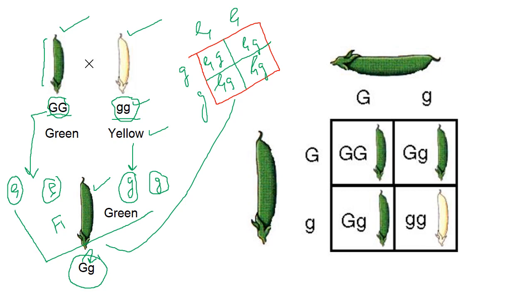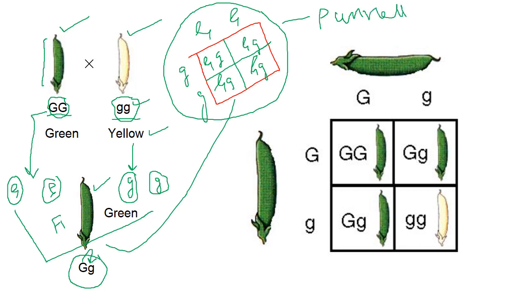Now here I need to add one point: this chart which we formed is known as a Punnett square. It is named after a scientist, Reginald Crundall Punnett.